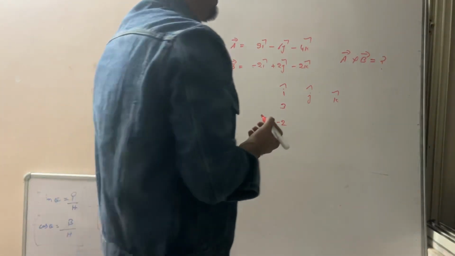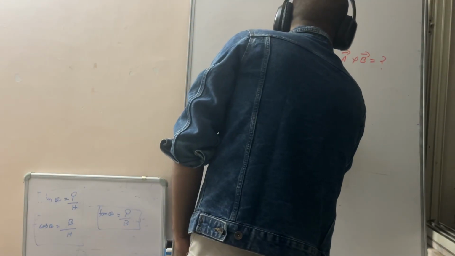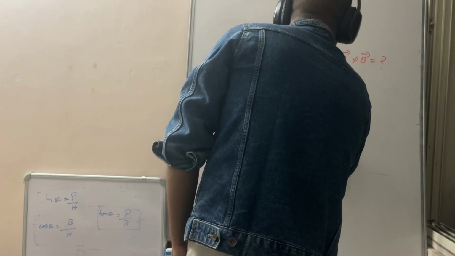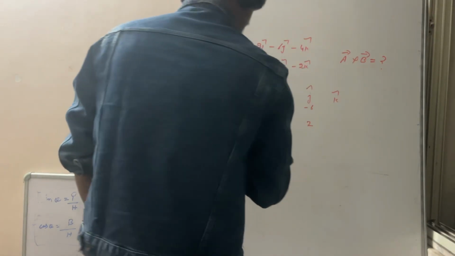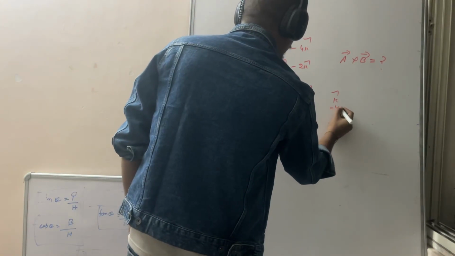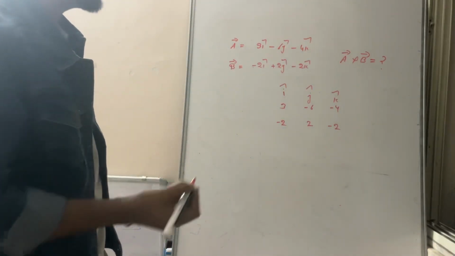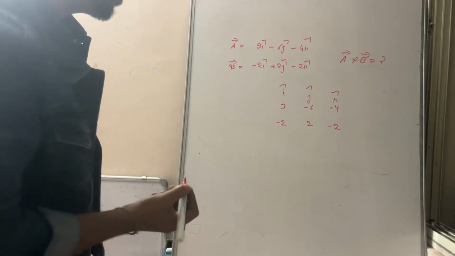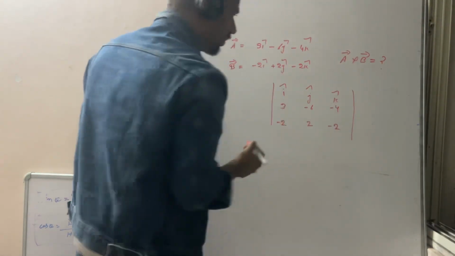What is J in the first? It is minus 6, and in the second it's plus 2. And K is minus 4 in the first, and in B it's minus 2. So now the table is ready.